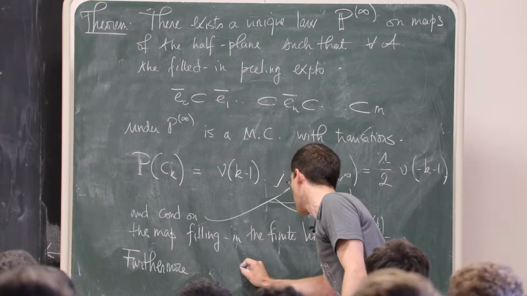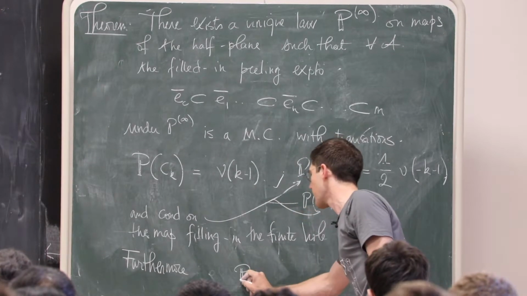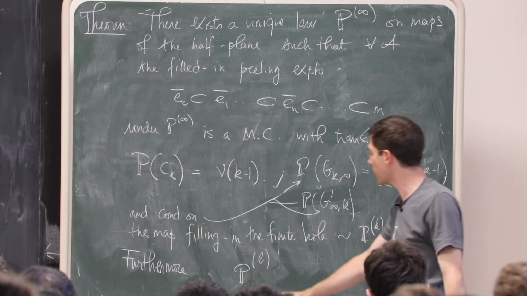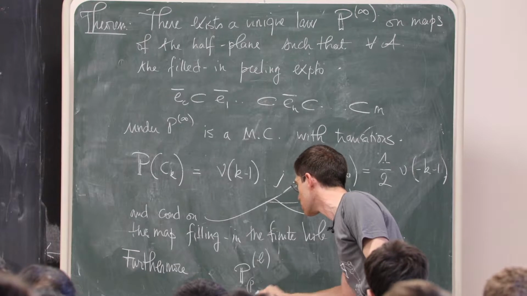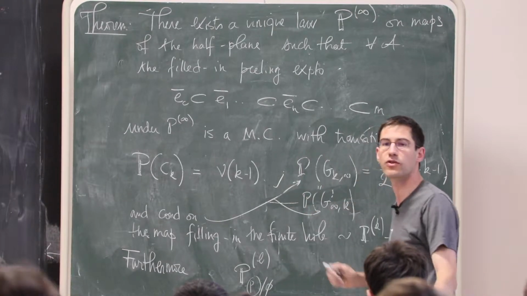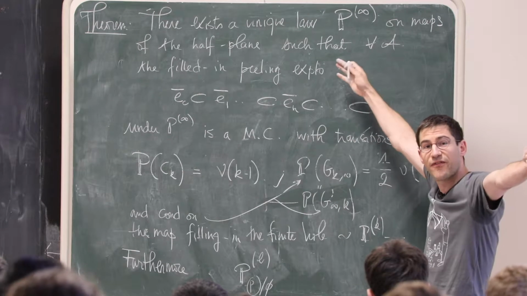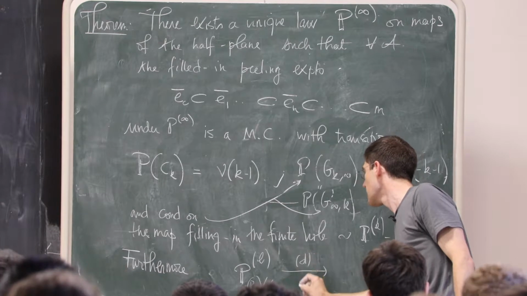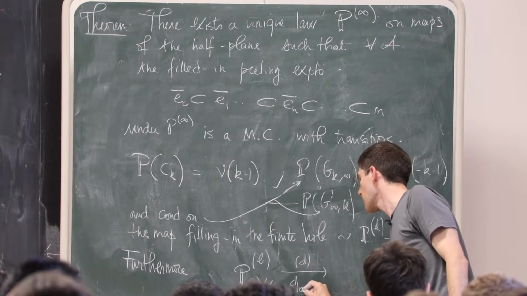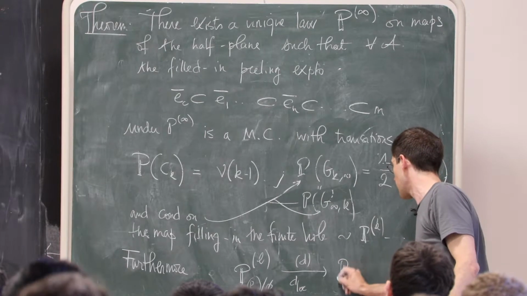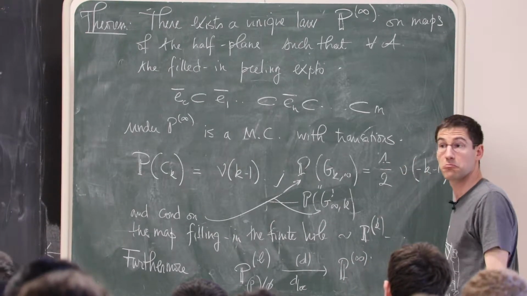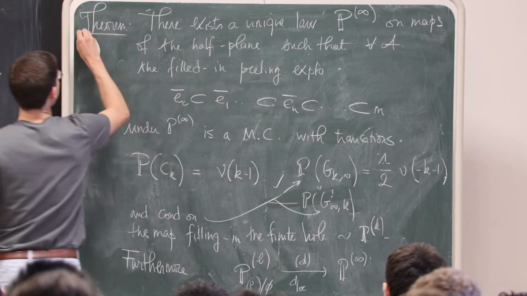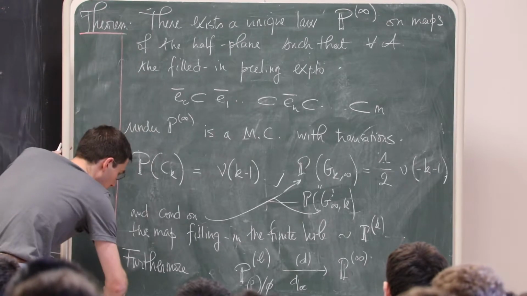So furthermore, we have the local limit: if you start with a map with a boundary size 2L, no target, or actually you can put a target if you wish, target or no target, so you start with a very large boundary size, then this converges locally, for the local distance, in distribution towards this P infinity. So these are the local limit in distribution of the maps with a large boundary.